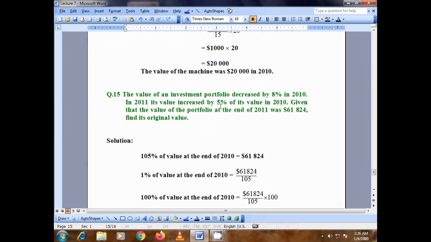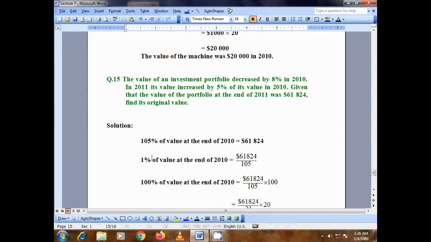So if the value increases by 5%, we will add this 5% to 100. Then it will become 105% because the value increases. So 105% of value at the end of 2010, we have given $61,824.